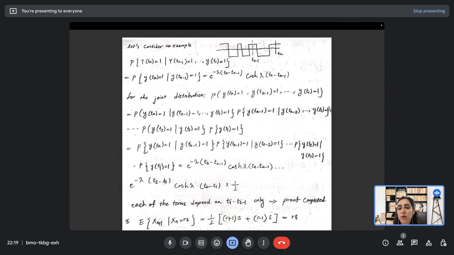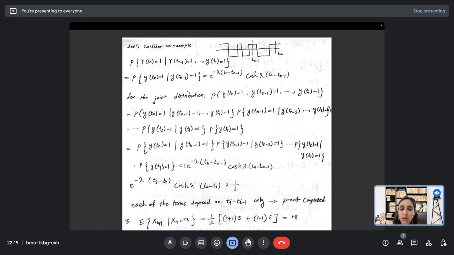So we will have the probability of y of tn given y of tn minus 1, times the probability of y of tn minus 1 equals 1 given y of tn minus 2 equals 1, and we can continue this till t2, times the probability of y of t1 equals 1.